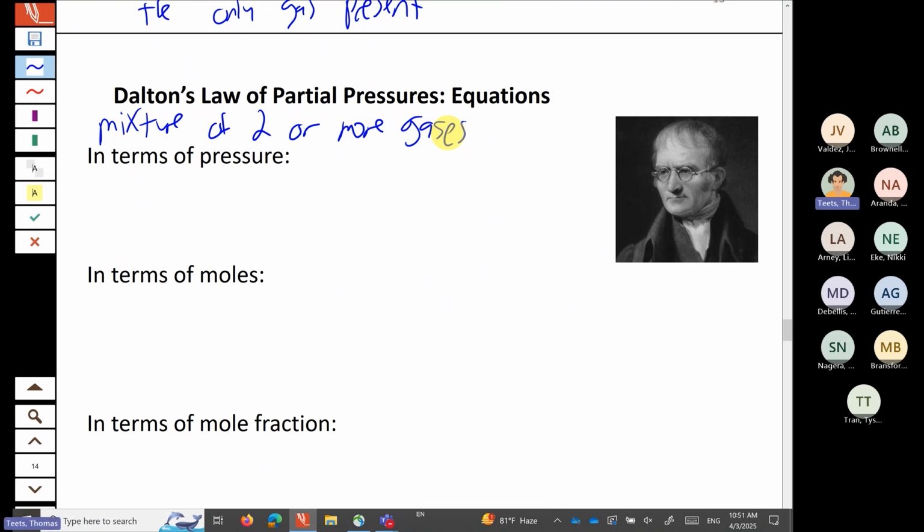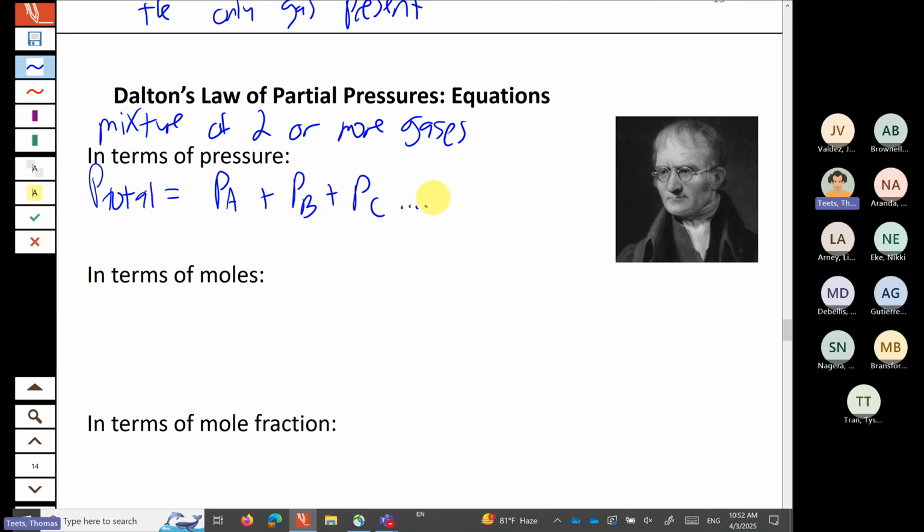All right, so there are different ways of stating this. What we gave you just a little bit ago was that the total pressure is additive when you have a mixture of gases. So if you know the individual pressures of the two or more gases that are mixed together, you can just add them together to get the total pressure.